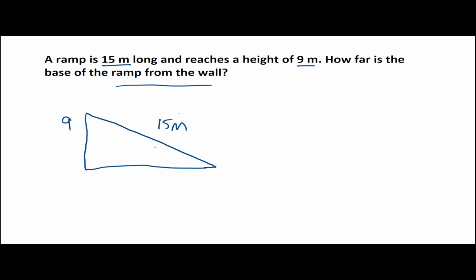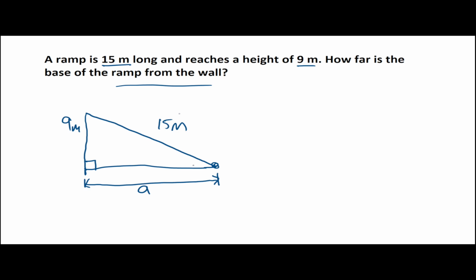That's not to scale, obviously, and also none of the sides are straight, but this is a maths class, not an art class. So that's 9 meters, that's 15 meters, and it says how far is the base of the ramp, which is that, from the wall, which is that. So in other words, they want this distance here, and let's call the side A as well.